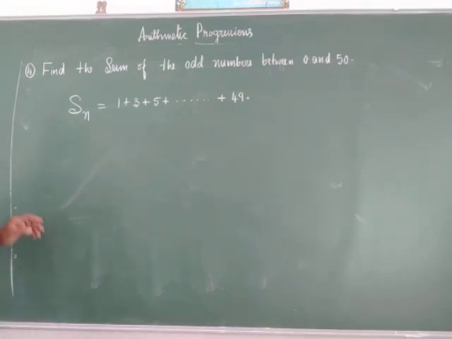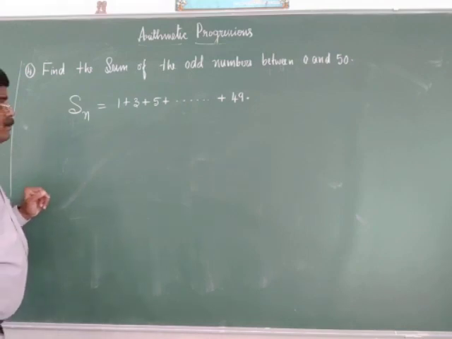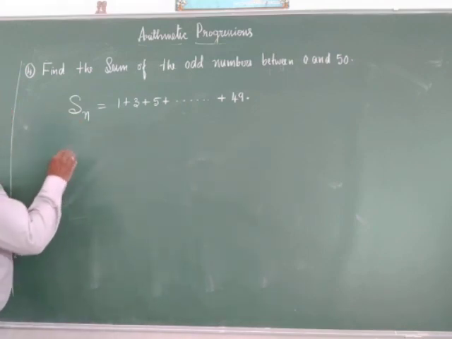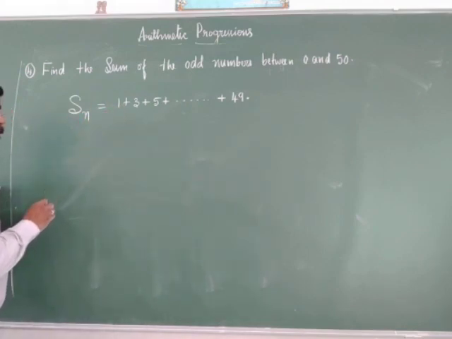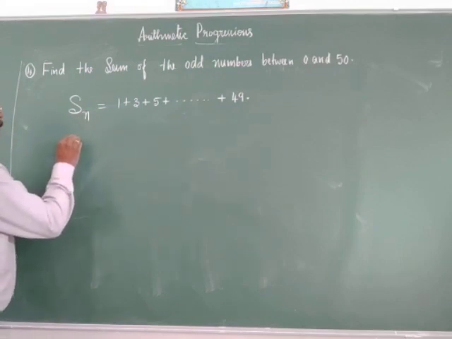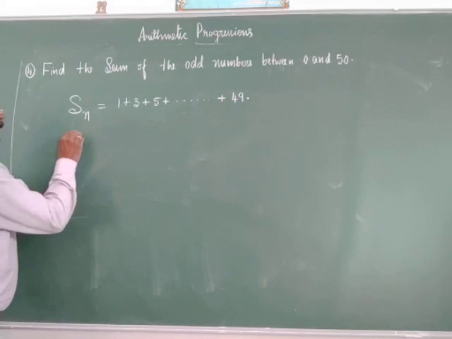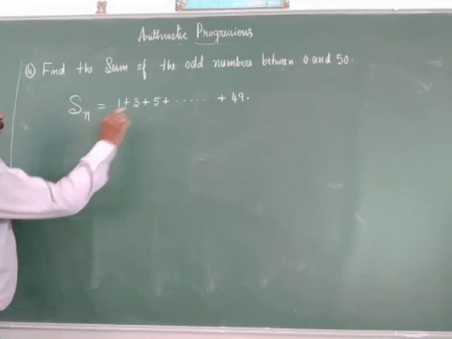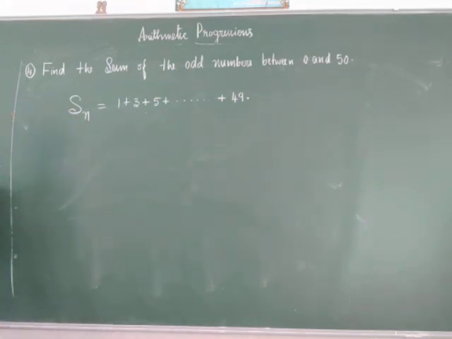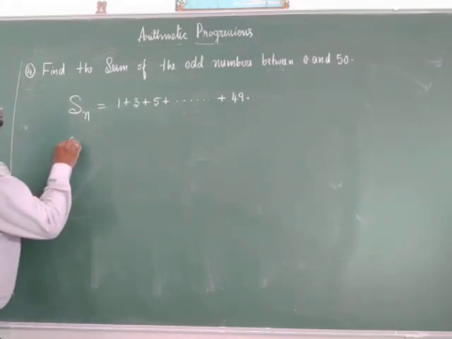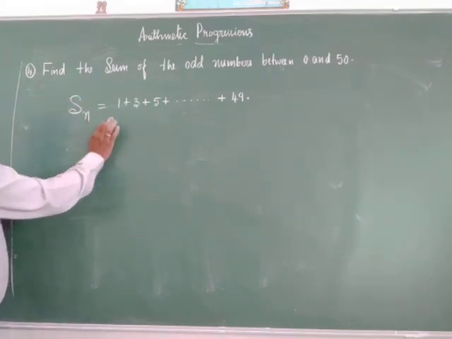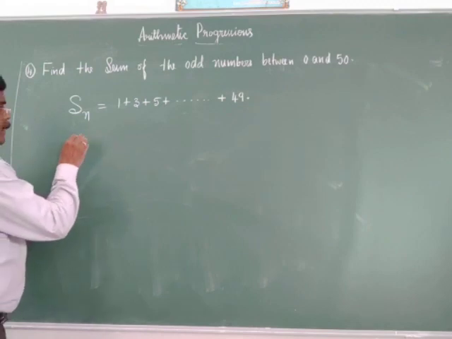Now here you can get the number of terms. You can find out how many terms are there, or you can write the AP formula directly. The last term is 49, that is An is 49, and the n by 2 formula can be applied.